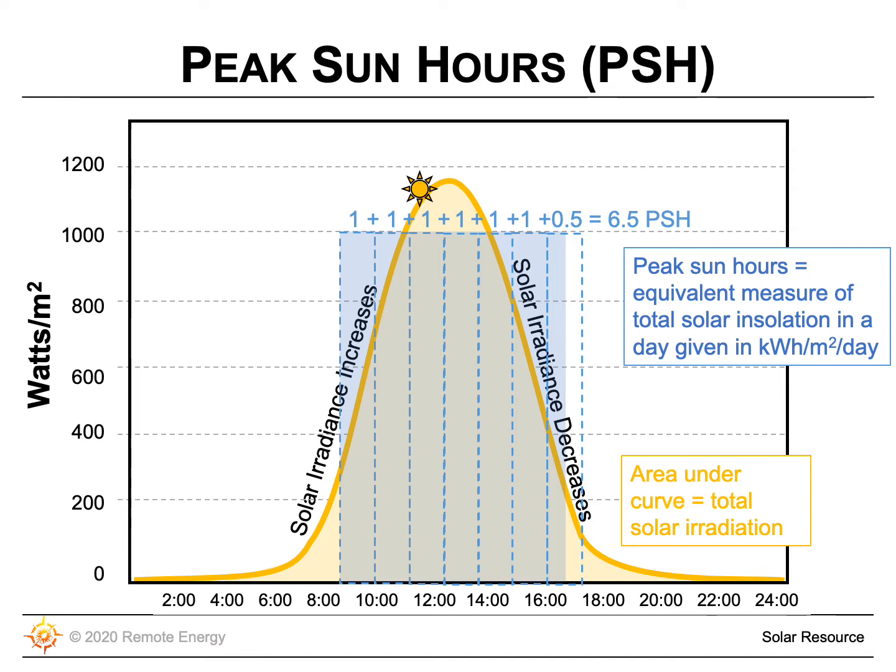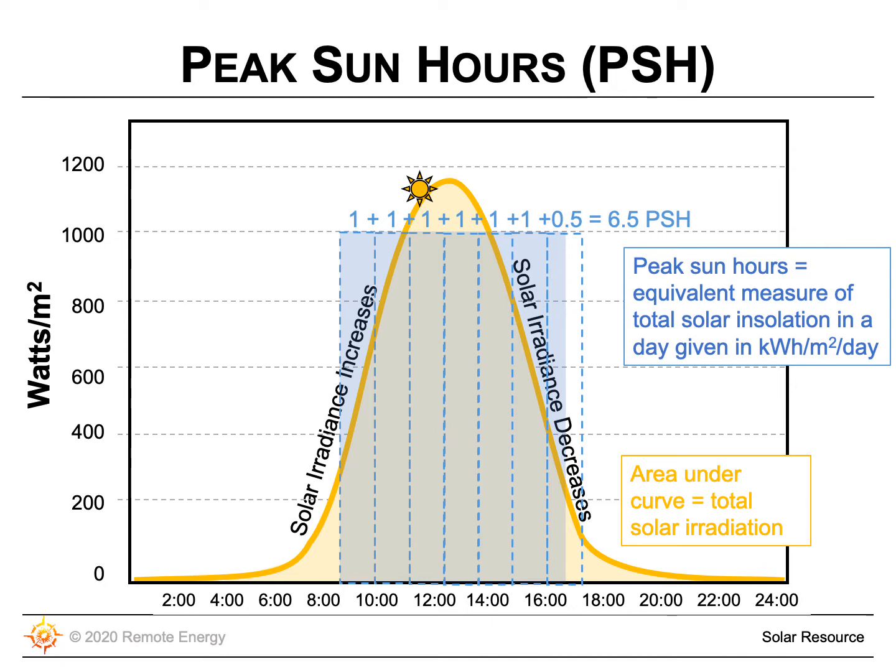If we take all this area under the curve, we turn it into a rectangle, and we look at that rectangle and see how many hours of peak sun we have, we can add up all those hours, and we have, in this case, a total of 6.5 peak sun hours. So a peak sun hour is an equivalent measure of the total solar insolation in a day given in kilowatt hours per meter squared per day.